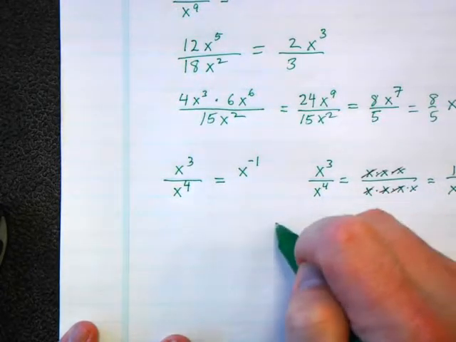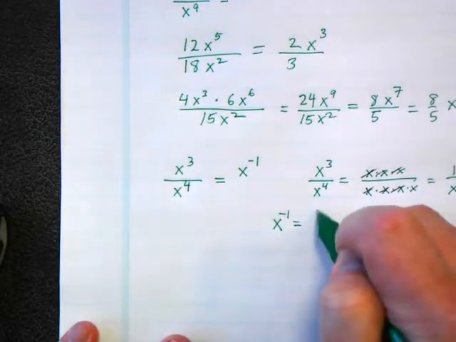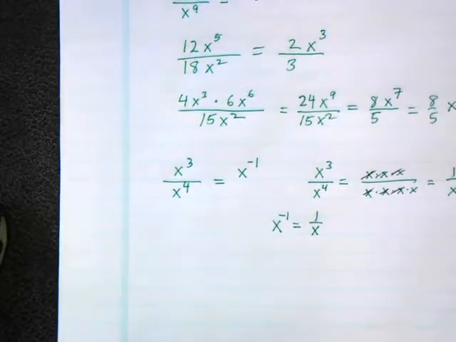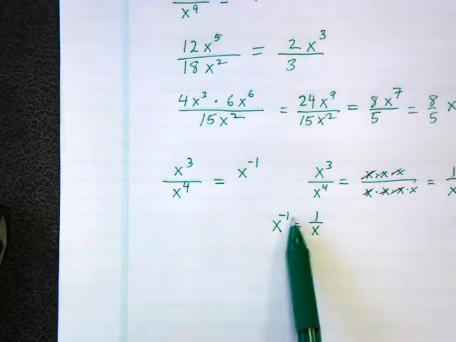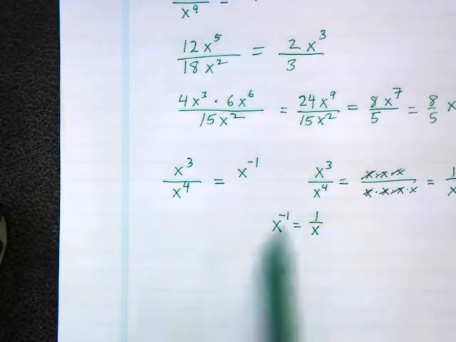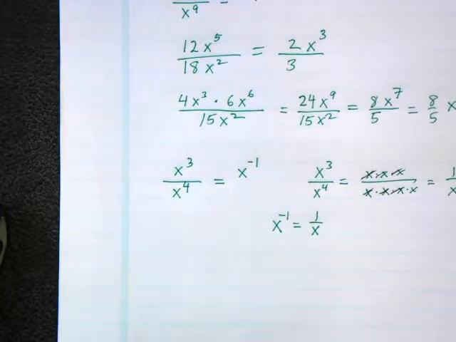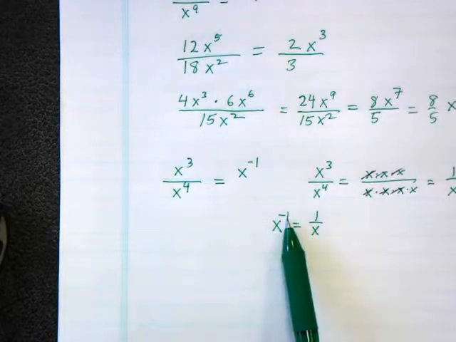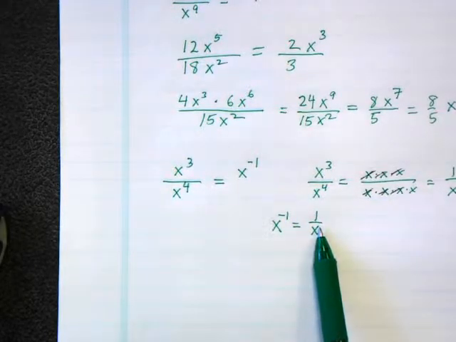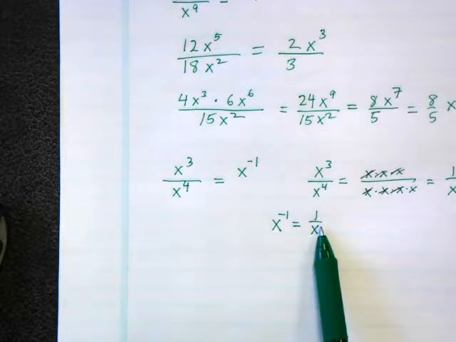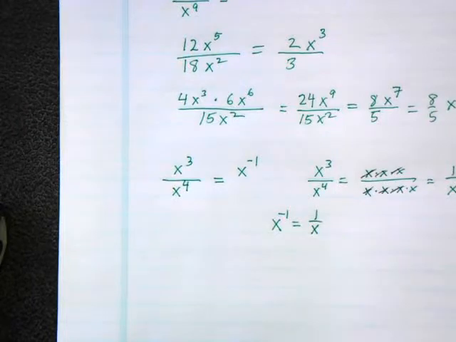So that means that x to the -1 has to be exactly the same as 1 over x. In other words, what happens when you have a negative exponent? I can take that negative exponent and I can make it positive. The penalty is it moves to the bottom. Questions on that?